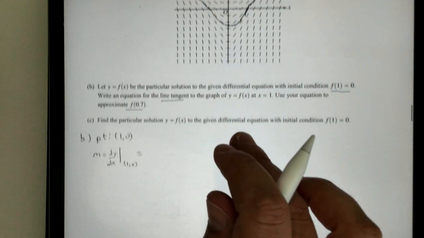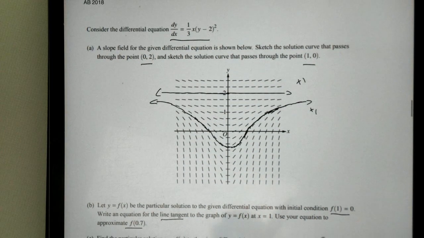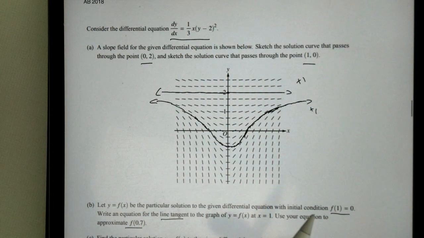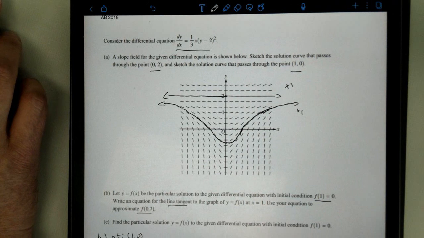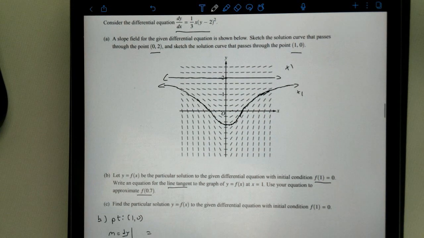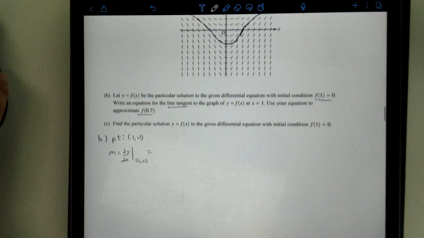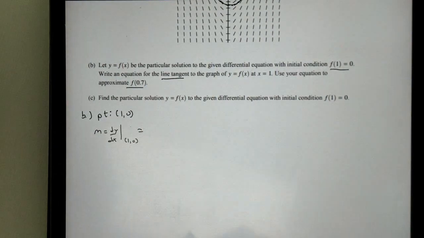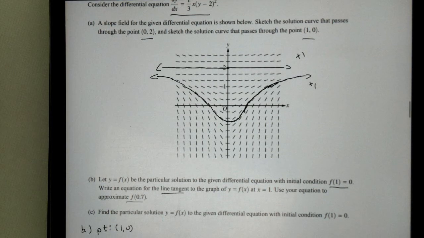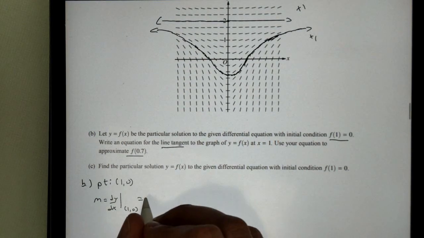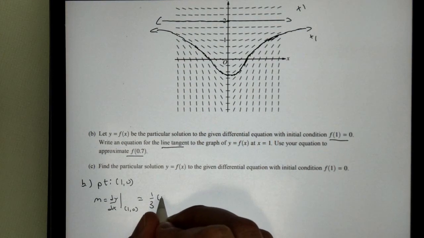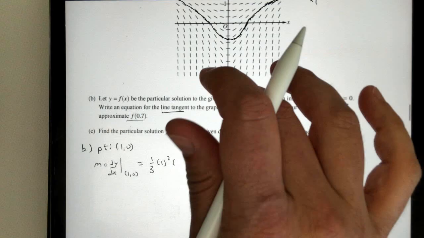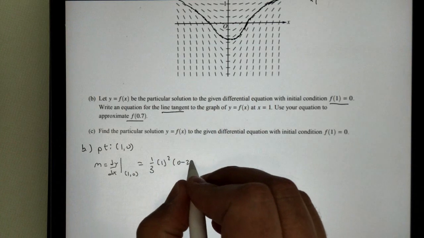The slope comes from our derivative at the condition (1, 0). Remember, it's this 1/3 x times (y minus 2) squared. So it's going to go 1/3 x, which is 1, and then y minus 2, so y is 0, so 0 minus 2.